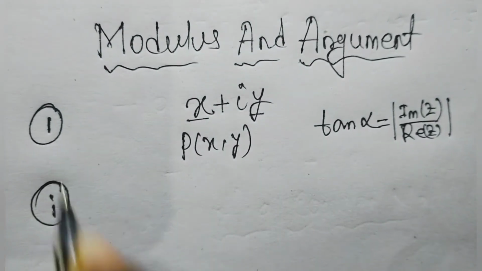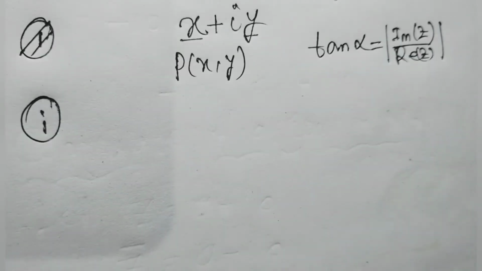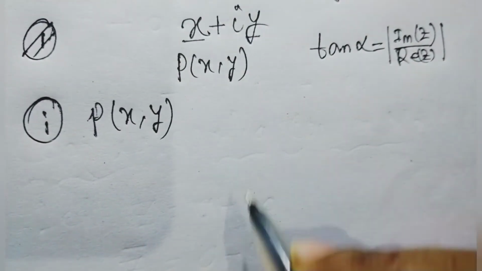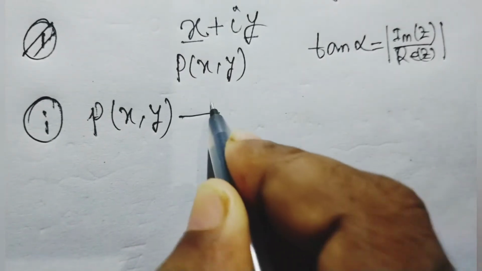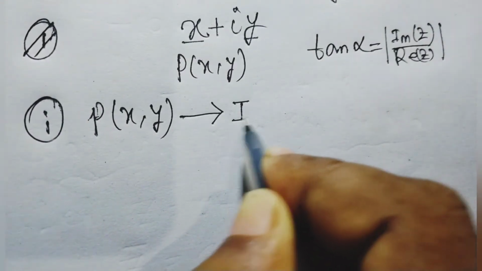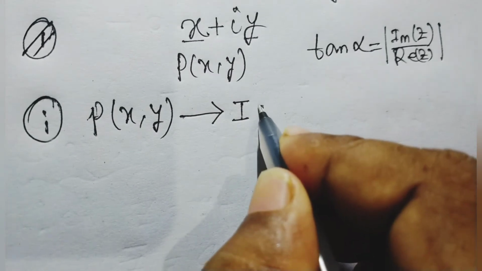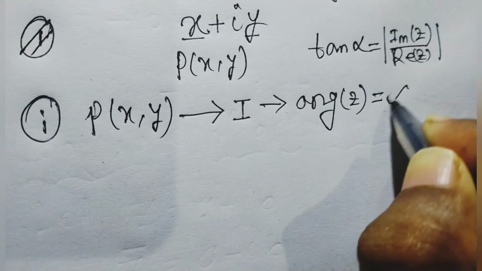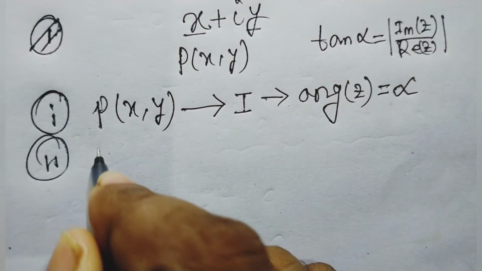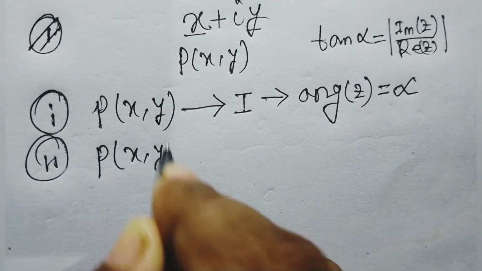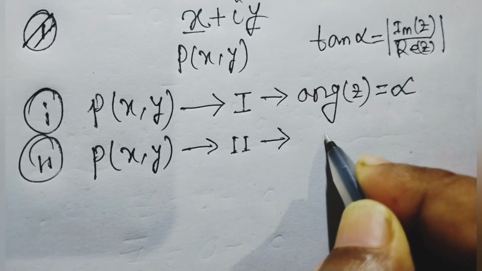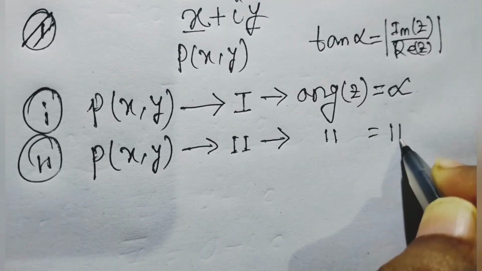First condition: if the point x, y belongs to the first quadrant, then the argument of z will be only alpha. Second condition: if the point x comma y belongs to the second quadrant, then the argument is pi minus alpha.